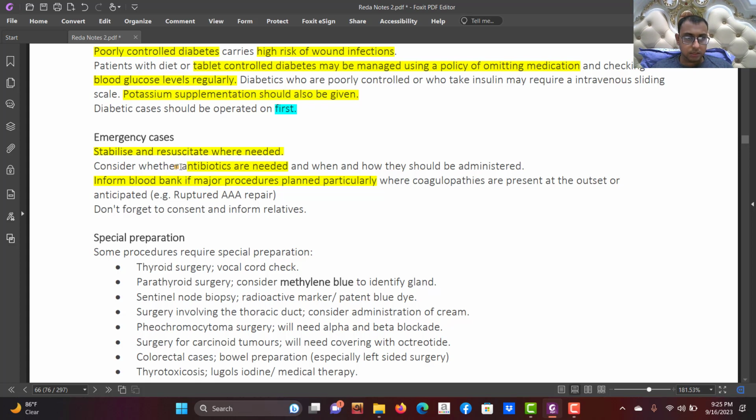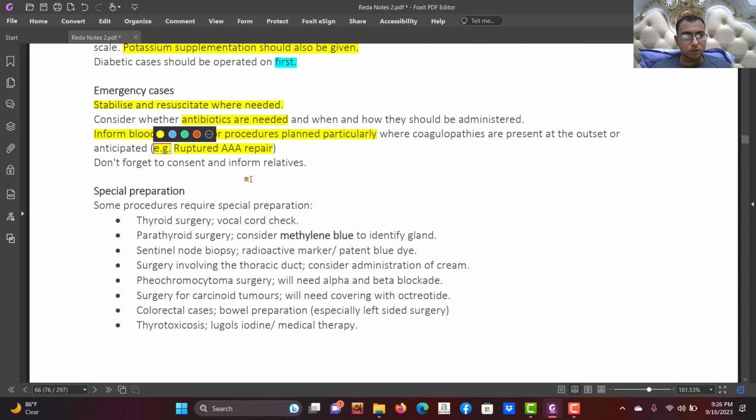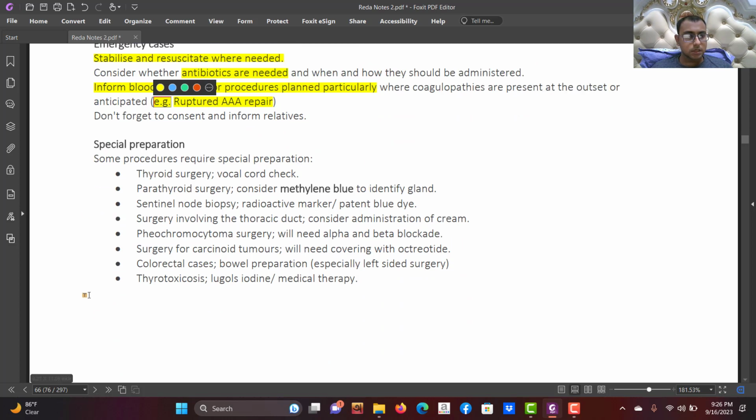In that case we have to arrange blood, especially where coagulopathies are present, like rupture of aortic aneurysm, right? So we have to arrange blood for transfusion. Don't forget to consent and inform relatives.